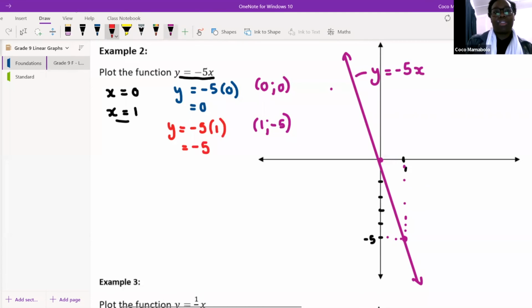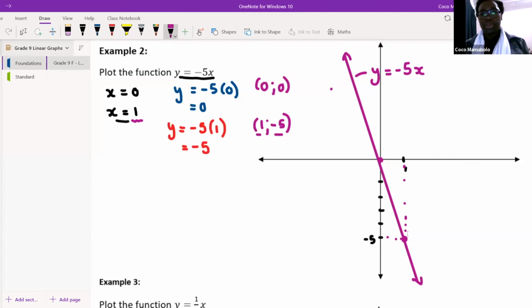Okay, so I have the point 1 and -5. I chose my x value to be 1, and my y value came out as -5. So I'm going to go to my graph and find 1 and -5, and I'm going to put that point on the graph. And then I know that my other point was 0, 0. And then all I have to do is take a ruler, make sure that the two dots are on the ruler, and draw a straight line. Okay. Well done, my people. I hope that was helpful.